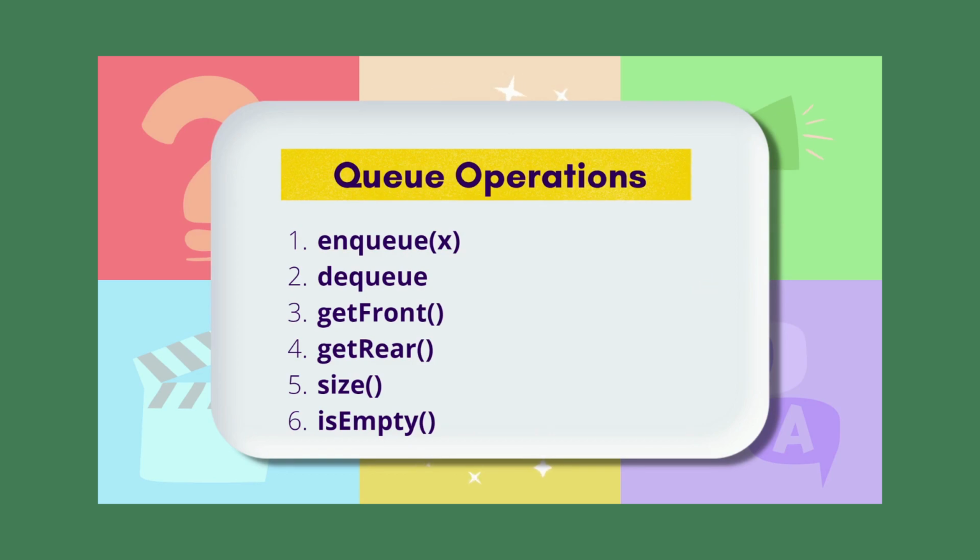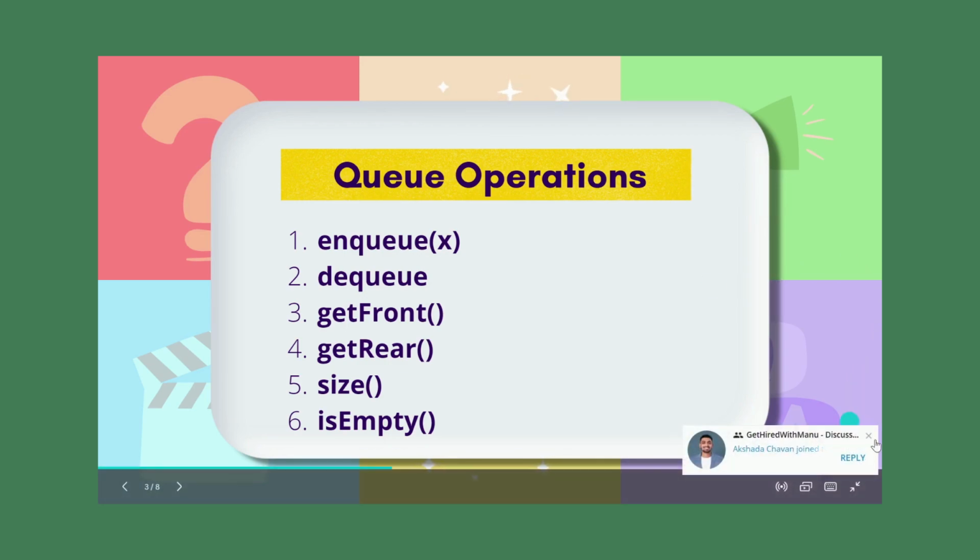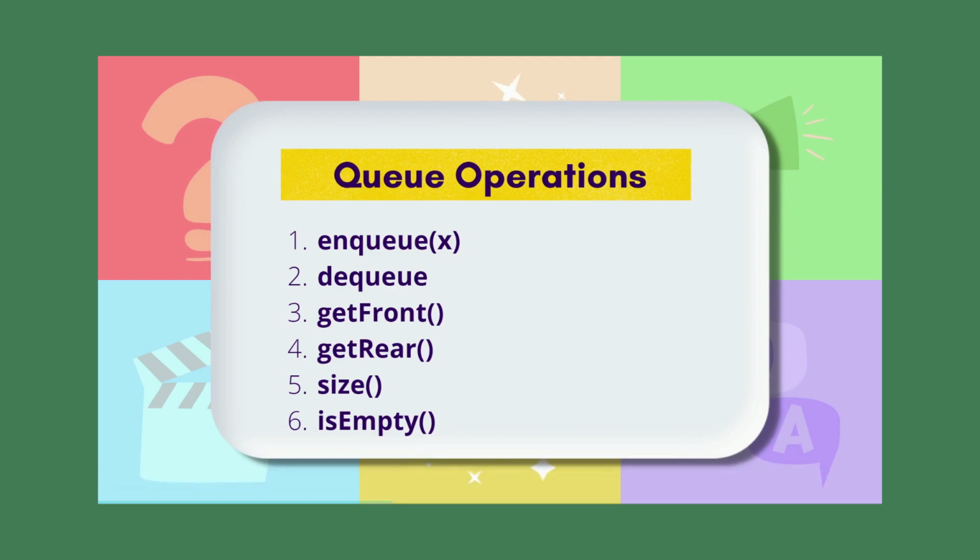So basically queue has many operations, which is enqueue. For enqueue we have to pass a parameter, which is the element which we want to insert. Basically enqueue is a normal insertion and it has a special name as enqueue in queue data structure. DQ, as you can suggest, is also a deletion operation which has a special name in queue as DQ.